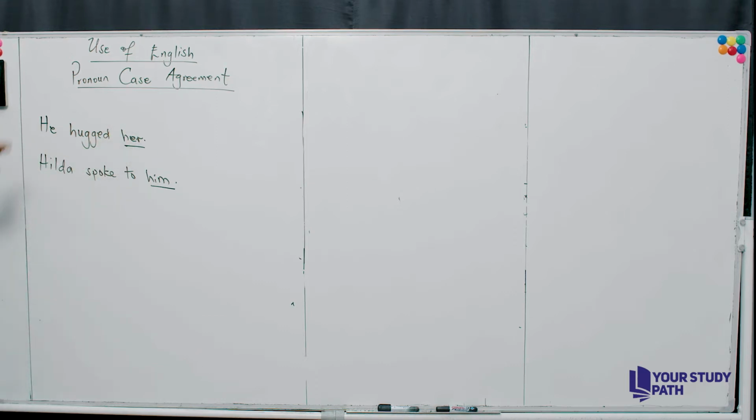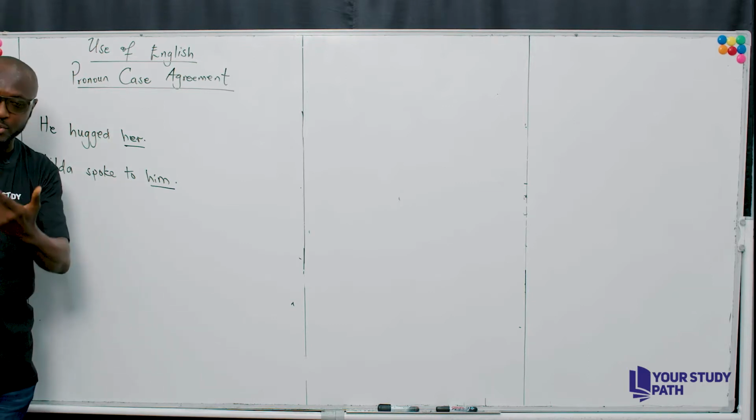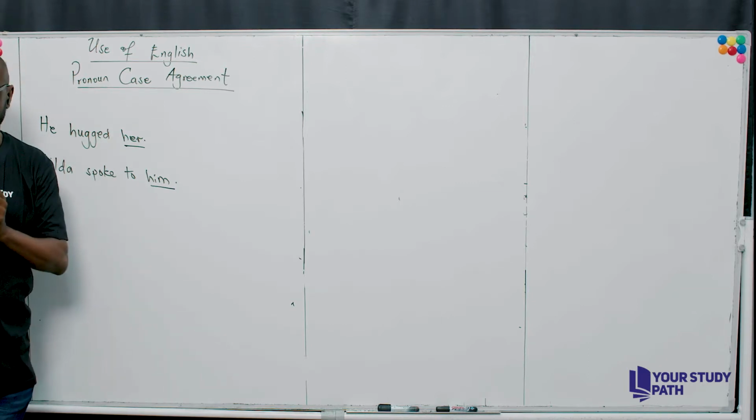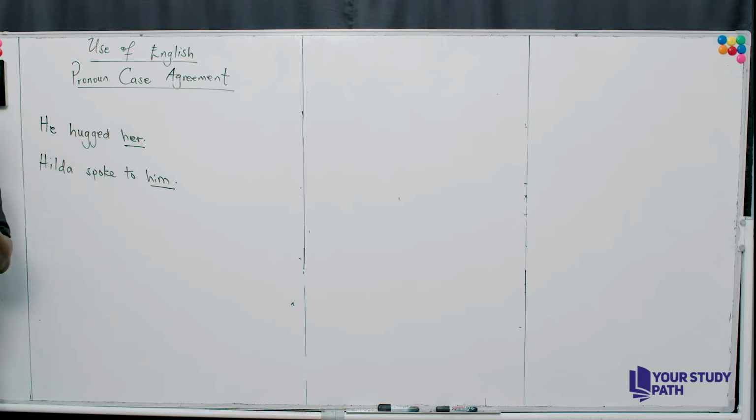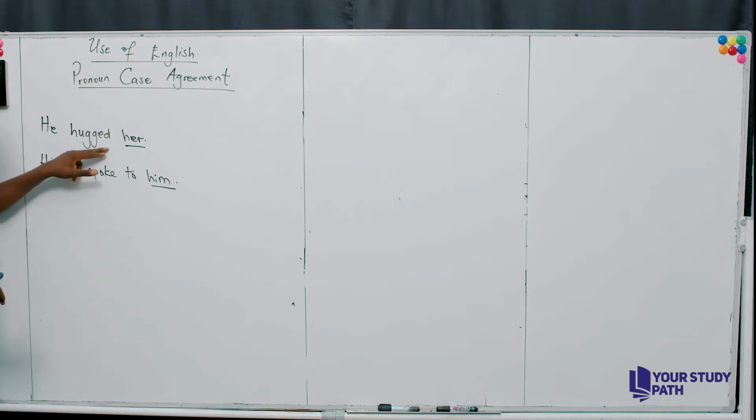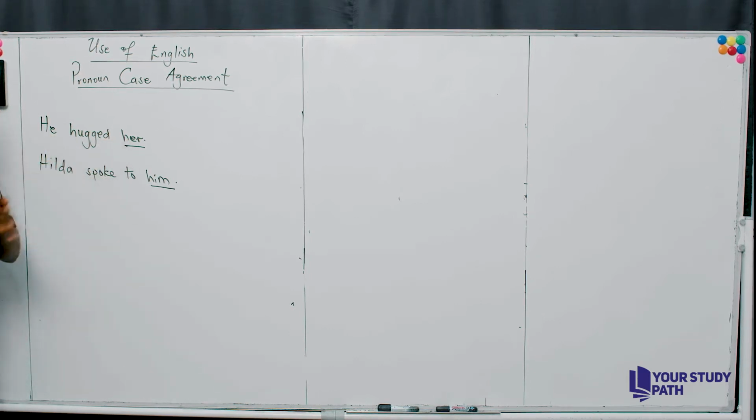Look at the verb immediately before it, and that's "hugged." The verb "hugged" is a lexical verb, or you may call it a main verb. Any pronoun that appears immediately after a main verb becomes an object. Why? Because it is meant to receive the action in that verb.